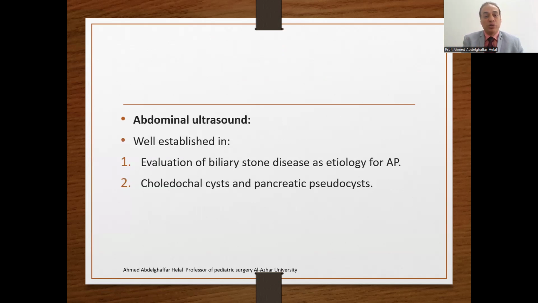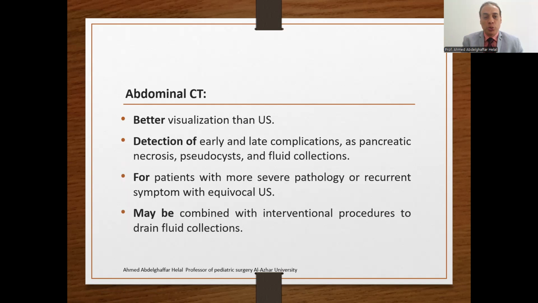The ultrasound may evaluate biliary stone disease as an etiology, and may show a choledochal cyst or pancreatic pseudocyst. Abdominal CT allows for better visualization and usually diagnoses complications such as a pseudocyst. It is usually used in cases of recurrent pancreatitis and may be combined with an interventional procedure.